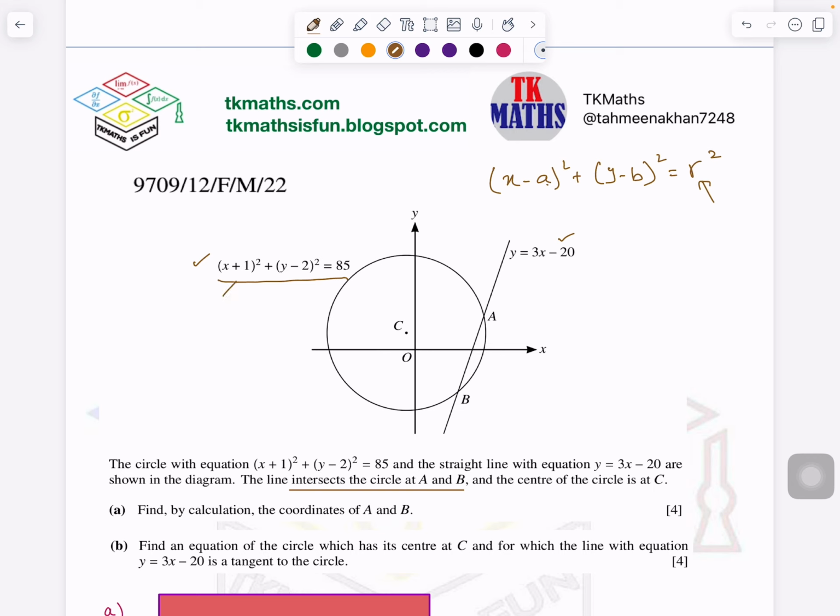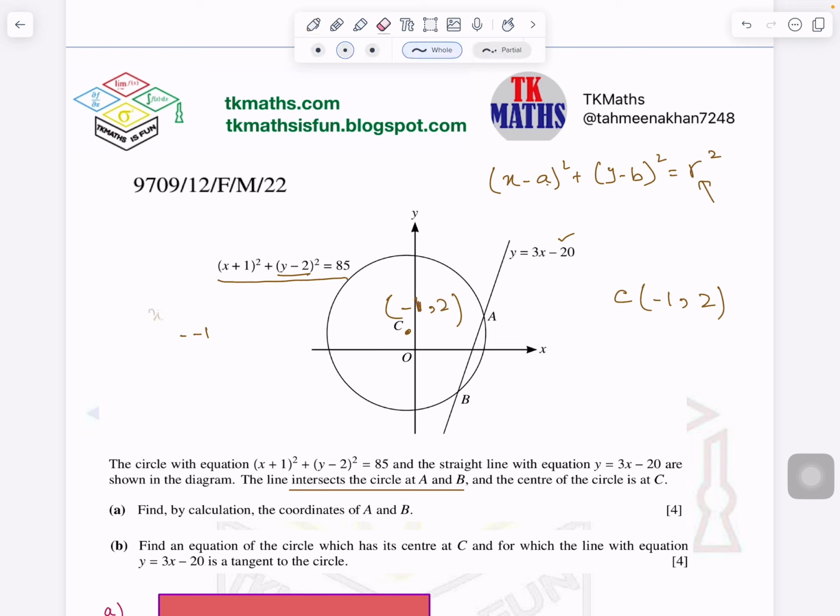If I see here, it is x plus 1. So if you put it equal to 0 in your mind, it is minus 1. Similarly, y minus 2 gives 2. So it means the center of the circle has coordinates (minus 1, 2). Let me write it here: the center of the circle is the point (minus 1, 2). I hope you understood till here.